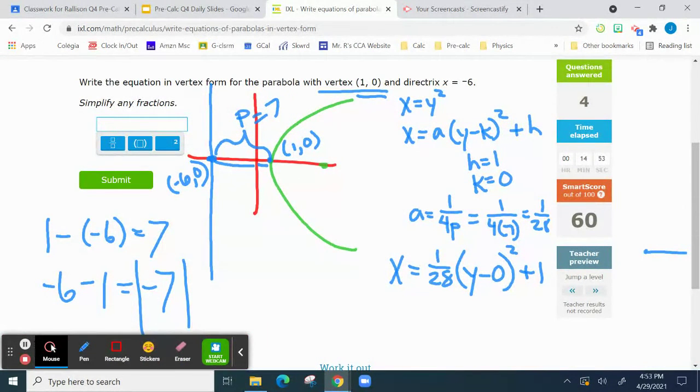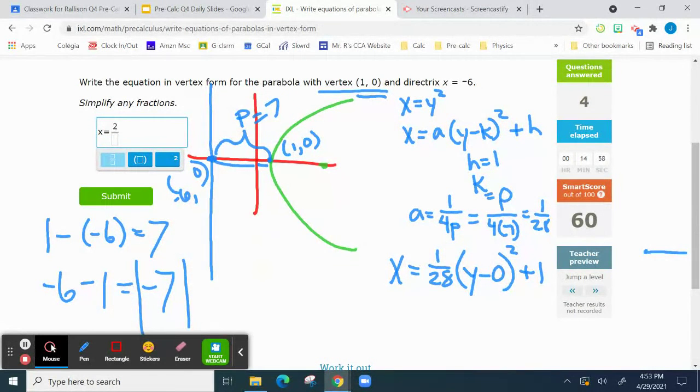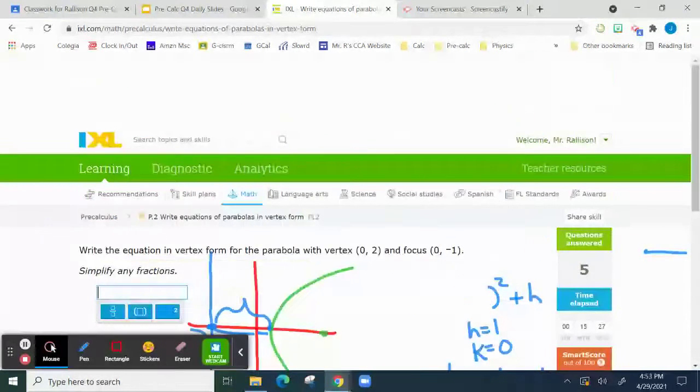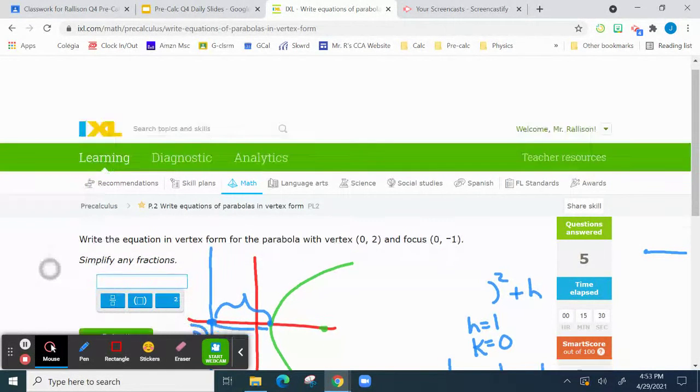So x equals 1 over 28 y squared plus 1. Awesome. Feels good, doesn't it? Feels really good.